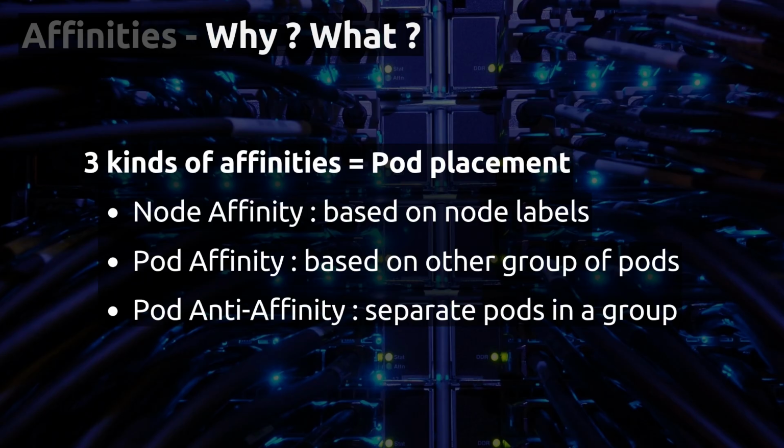We can say we have a group, maybe based on a single deployment, but that could also be a group based on a dedicated label. I can say, okay, this label is front-end.